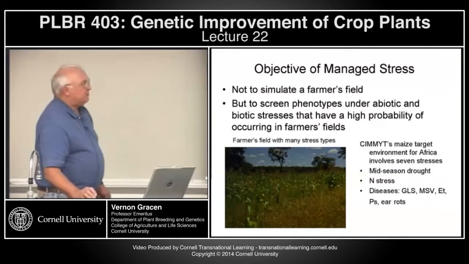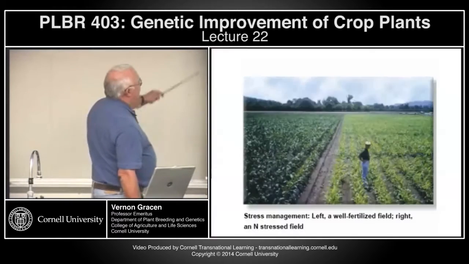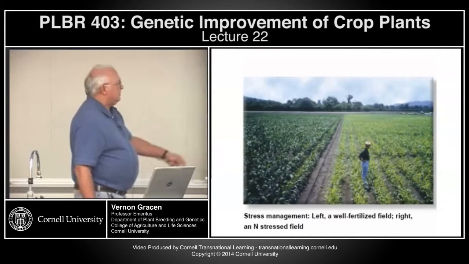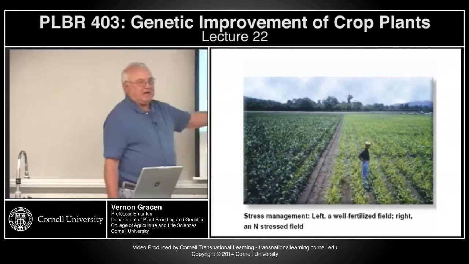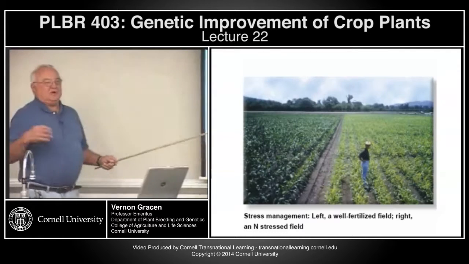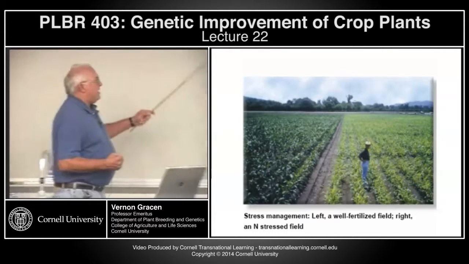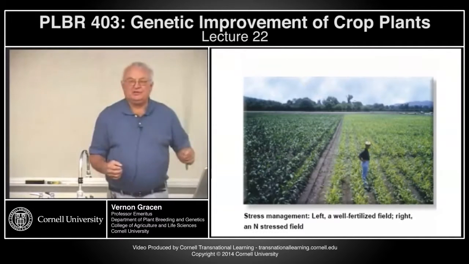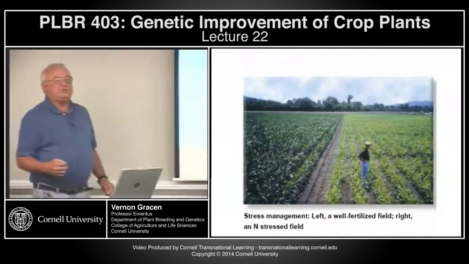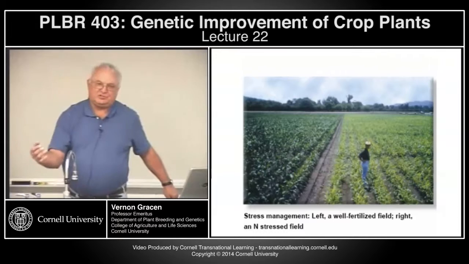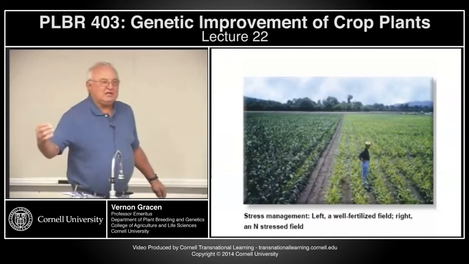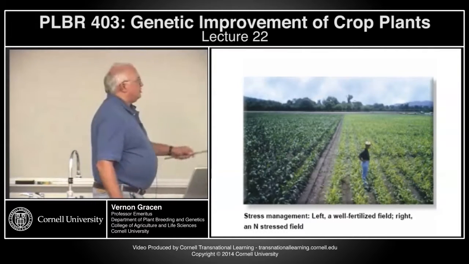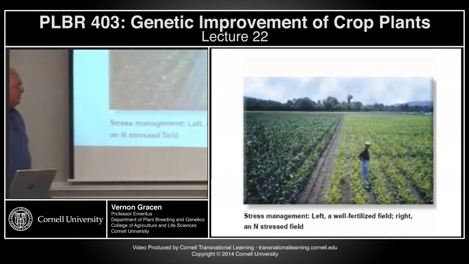So will that work? Well, here's a case. This is a well-managed plot. This is a nitrogen stress plot. Marianne would have other plots that are well-managed versus water stressed. She'll have other plots that are protected against diseases versus inoculated with diseases, or at least spreader rows are there to provide inoculum.